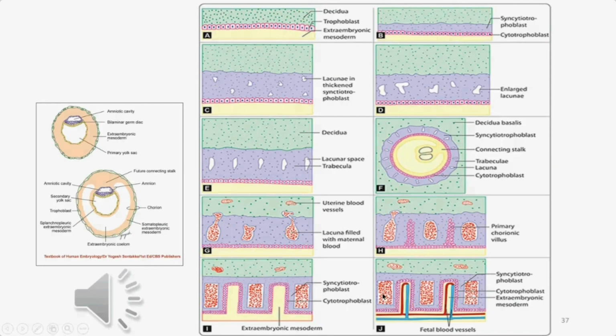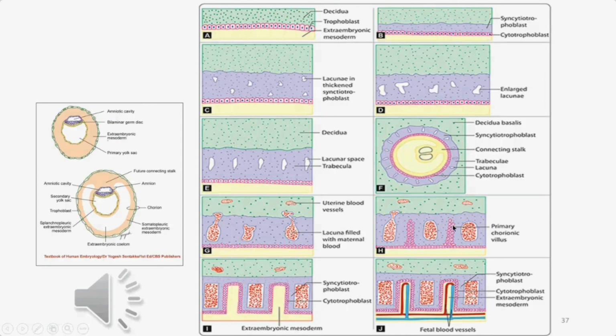So a circulation is established between the mother and fetus through this membrane by diffusion. The tertiary villi consist of the mesoderm with blood vessels, then cytotrophoblast, then trabecula, and then lacunae.